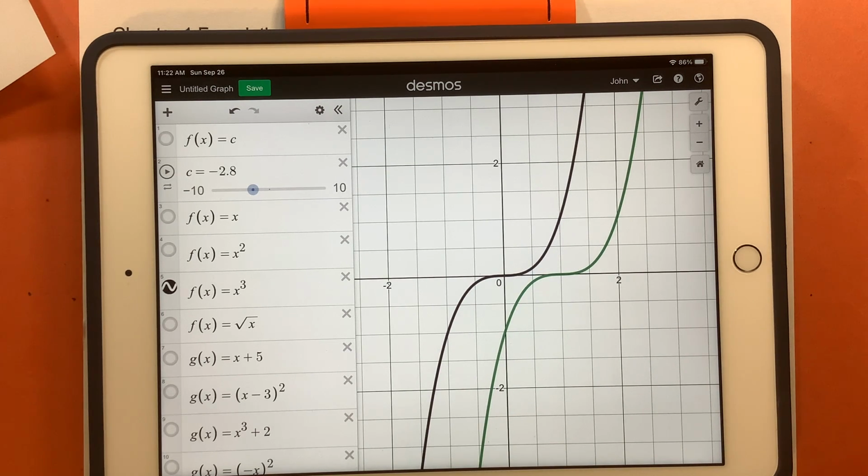Sorry, I got the hiccups. It looks like my black graph did not go up or down, so it's not a vertical transformation. It looks like it actually got pushed over from here over here. So everything looks like it got pushed to the right.